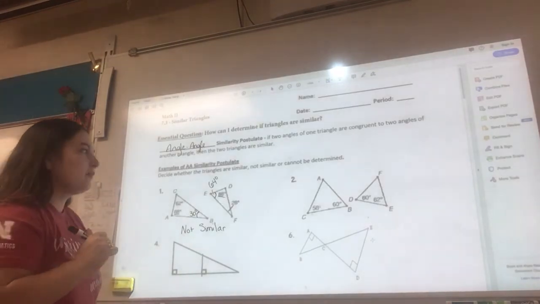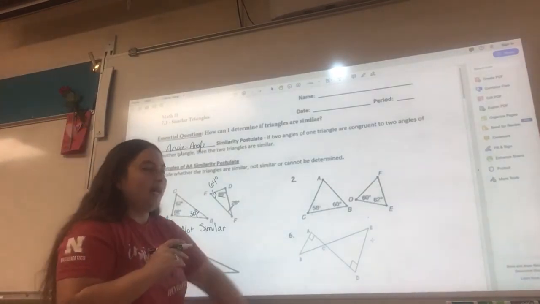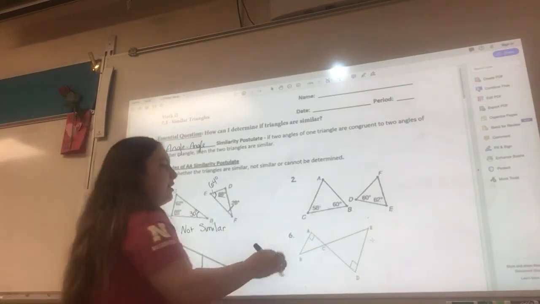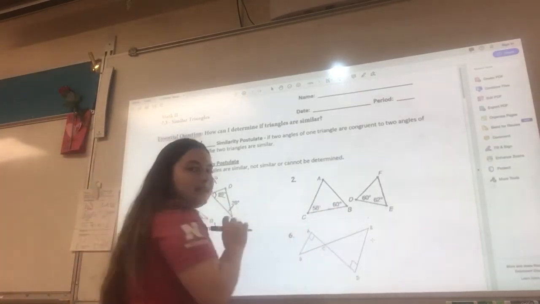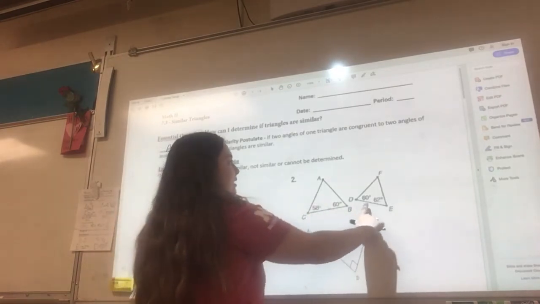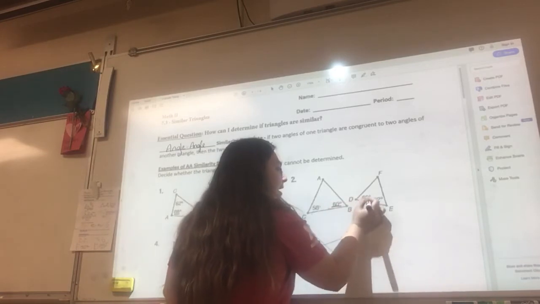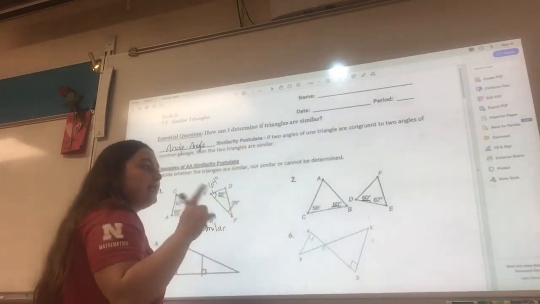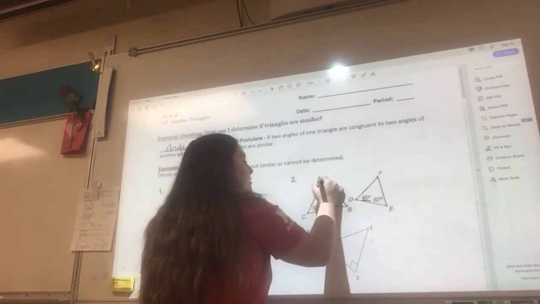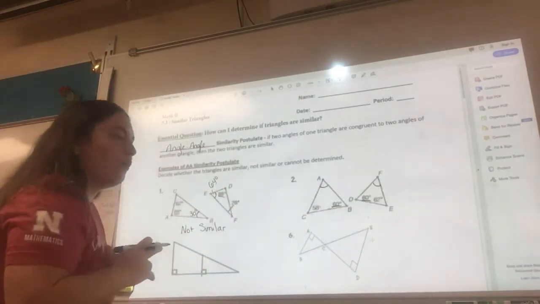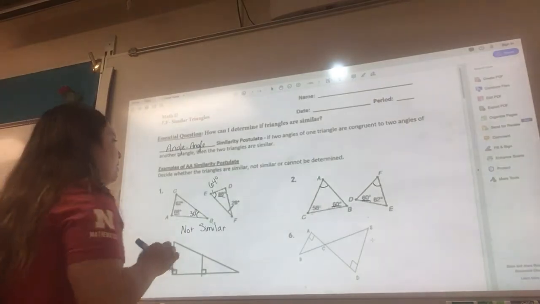Okay. Now that we've determined that, we're going to move on to two. Same process. We have been given 58 and 60 for triangle ABC, and we've been given 60 and 62. Our 60s match, so that's already one down, but we need to find the other angle. To do that, we subtract the two angles we know from 180.